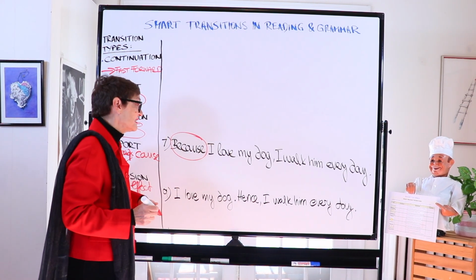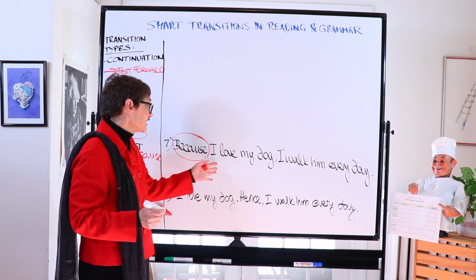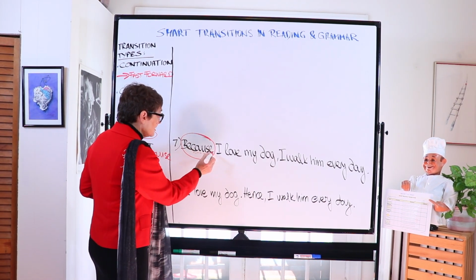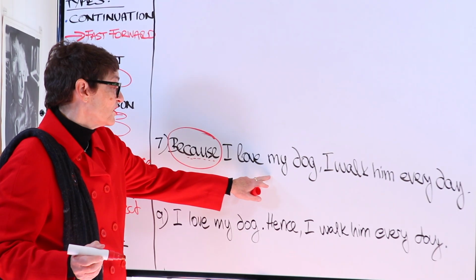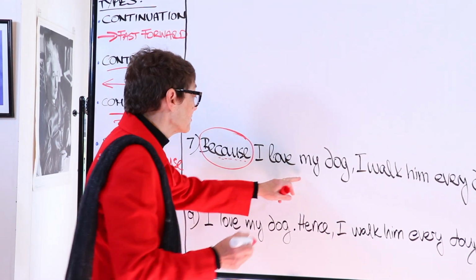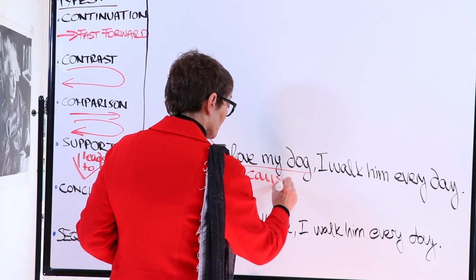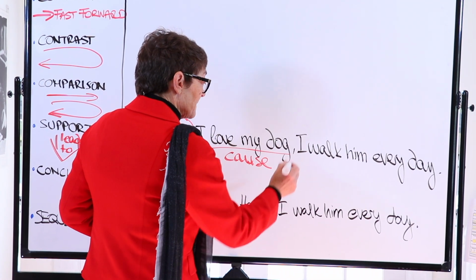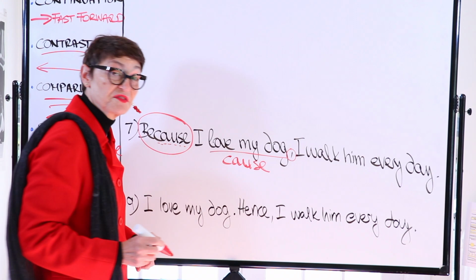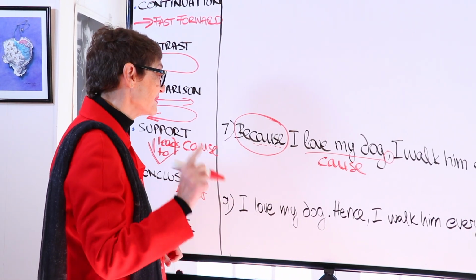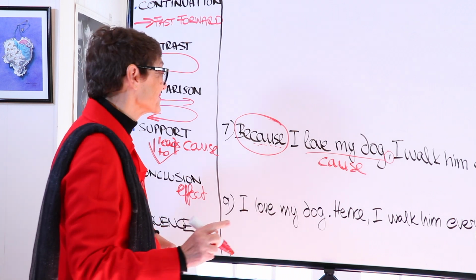Because I love my dog. So clearly, my cause needs to, look at this word, cause. Because I love my dog, so this must be the cause. So love my dog is the cause. Again, the comma tells me where the separation is between cause and effect. Again, the comma, very, very helpful tool.